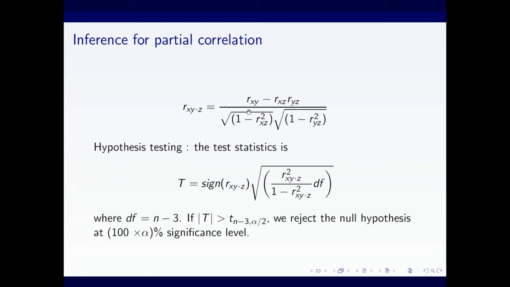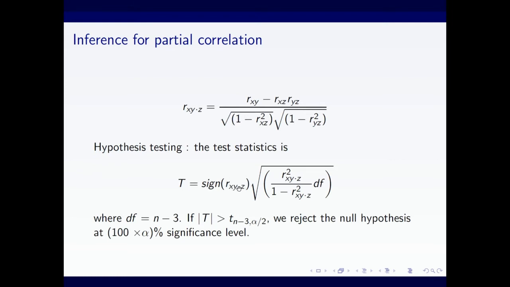And then we would like to test whether rho xy dot z is equal to 0 or not. The test statistic is the sign of rxy dot z, where sign means that it returns the sign of the number in the parentheses.